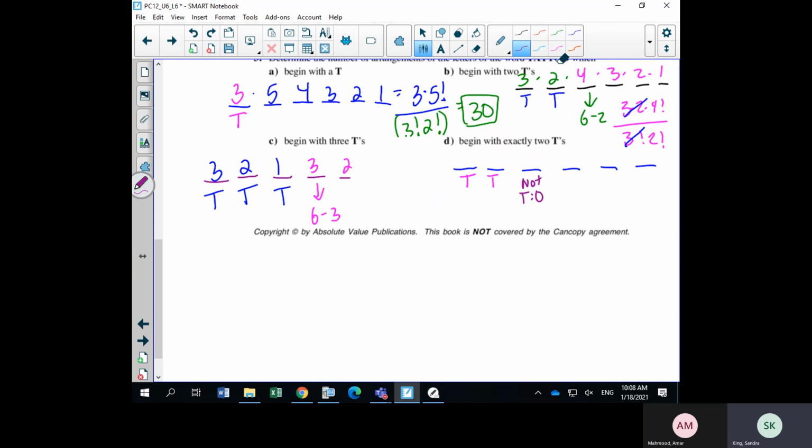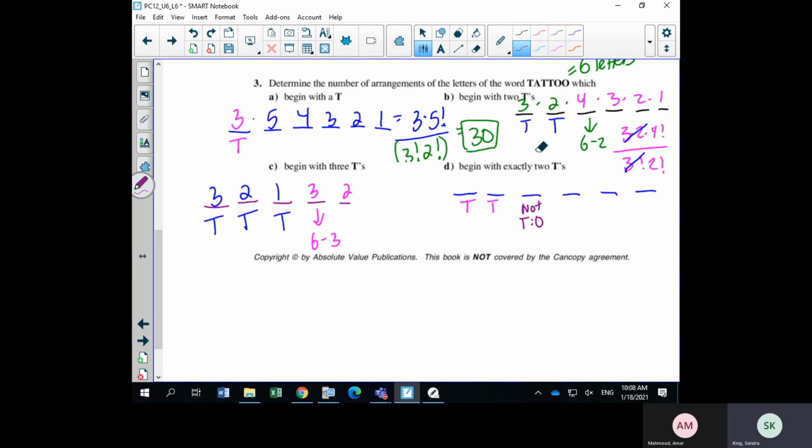Which could be an O or an A, basically. Okay, so exactly 2 T's would be, there's 3 T's to go there, there's 2 T's to go there. Not a T would be, how many are not T's? 3 to go there.